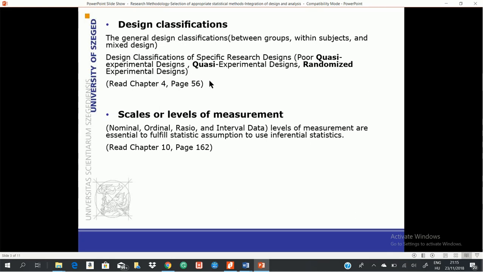The level of measurement is essential to fulfill the statistical assumptions for inferential statistics, because it helps decide whether your statistic fulfills the assumptions or not. In this book, it means you do not fulfill the assumption, or there is a violation of assumption. It's important for homogeneity and normal distribution.